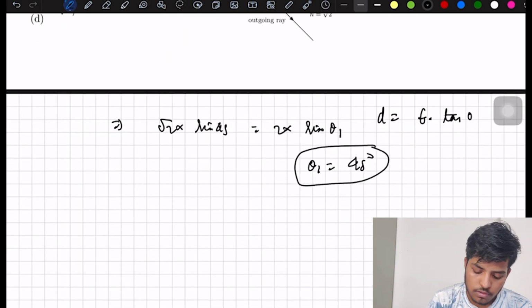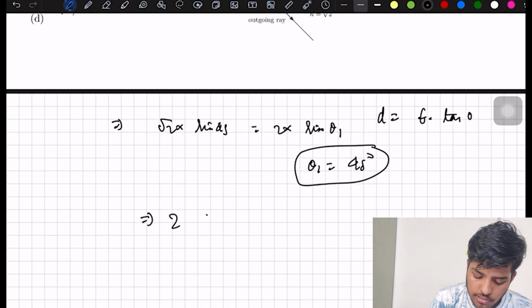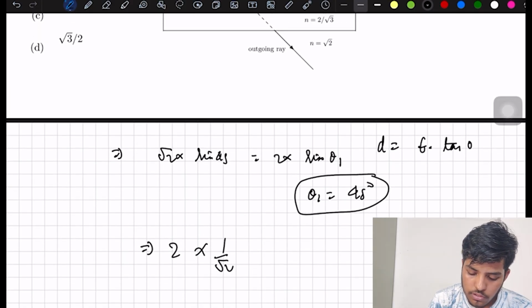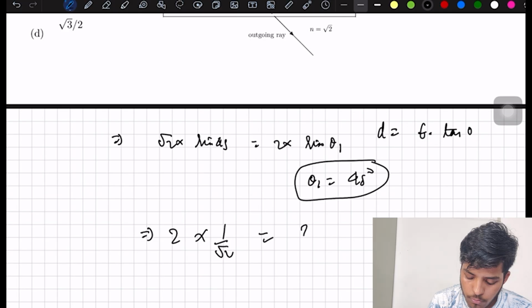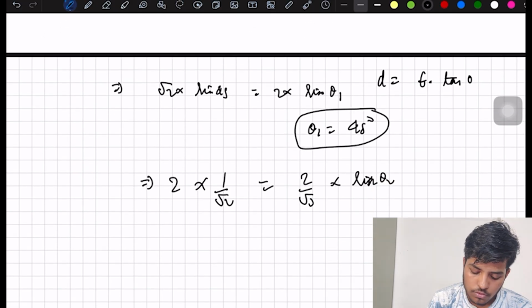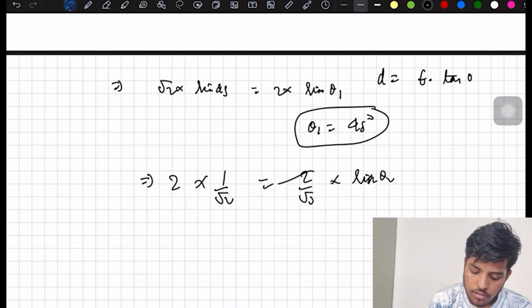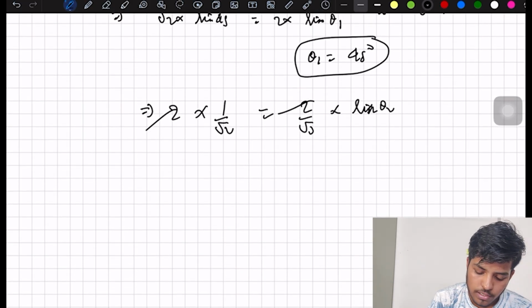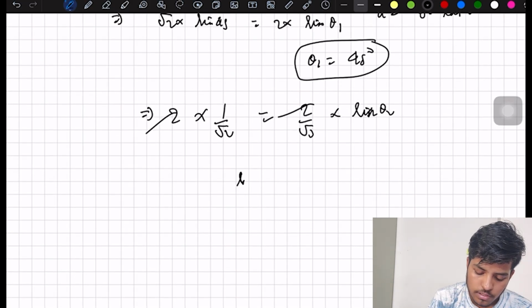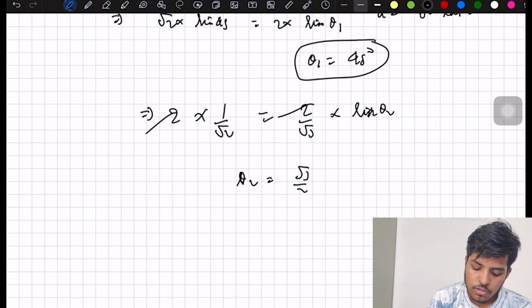So again Snell's law, 2 into sine theta 1, that is 1 upon root 2, equals mu 2, 2 upon root 3, into sine theta 2. So sine theta 2 equals root 3 upon 2.